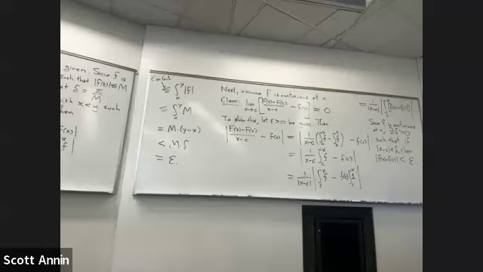So if absolute x minus c is less than delta, then let's give the big summary here. Capital F of x minus capital F of c all over x minus c, minus little f of c, is less than epsilon.